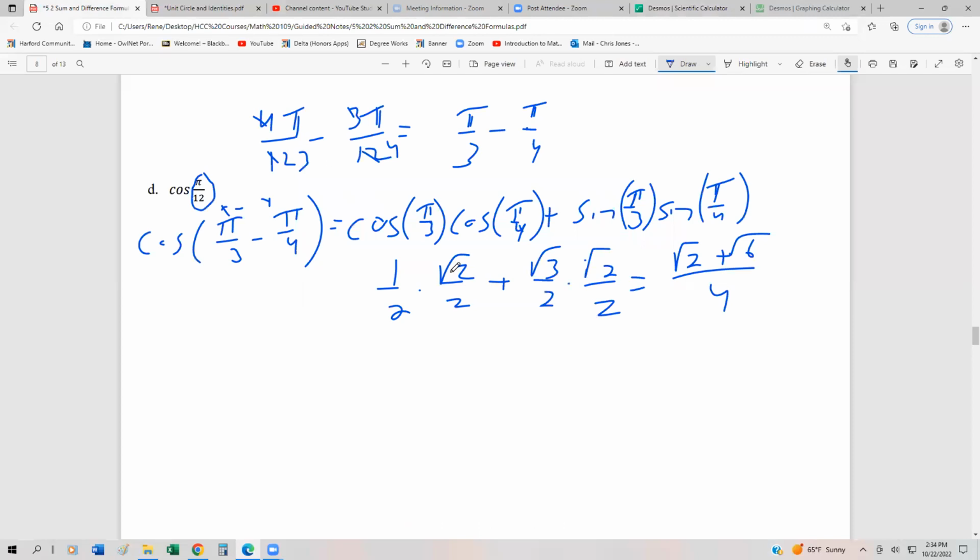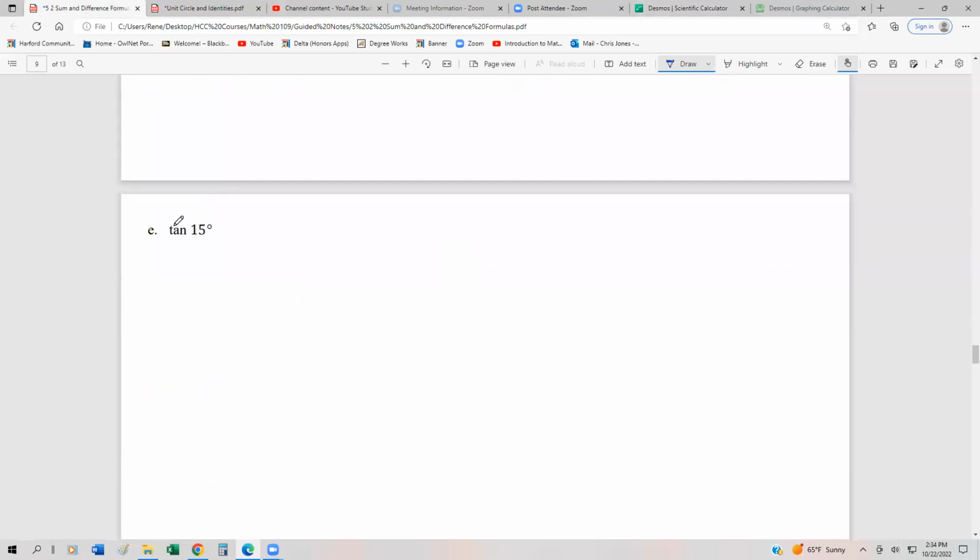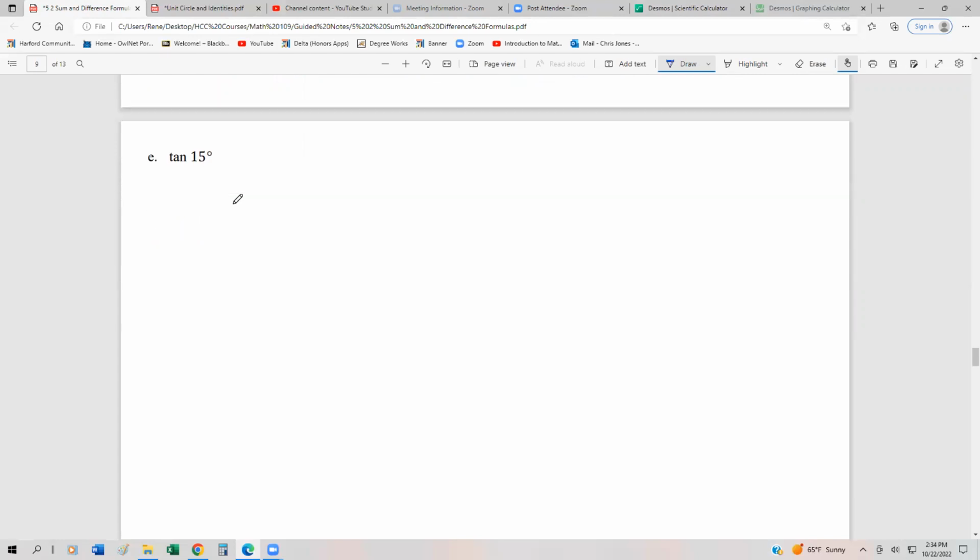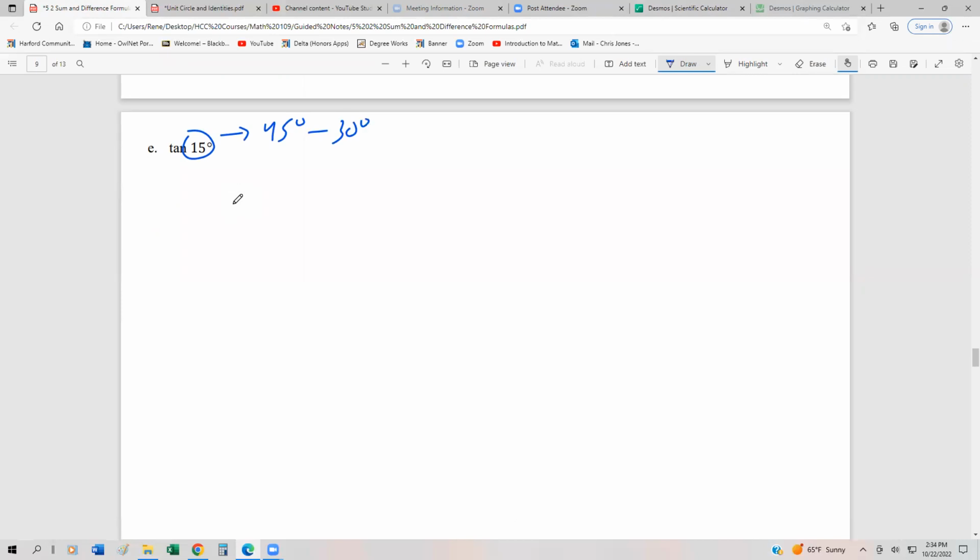All right, so one last example, this time with the tangent. We haven't seen the tangent too often when we're using our sum and difference formulas, but I certainly don't want to neglect it. We know that 15 can be written as 45 degrees minus 30 degrees. And so this is going to become our tangent of 45 degrees minus 30 degrees.